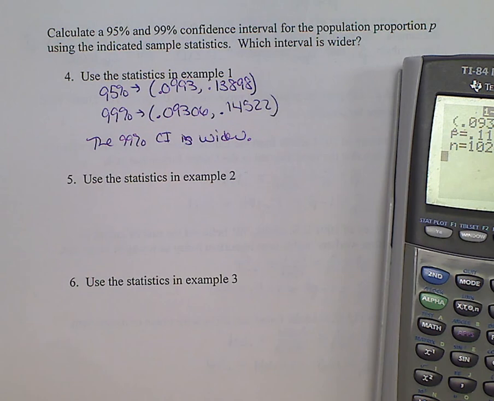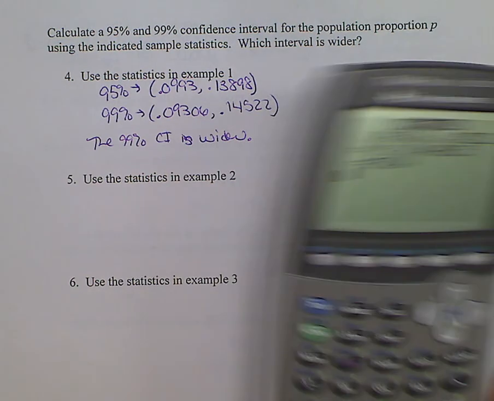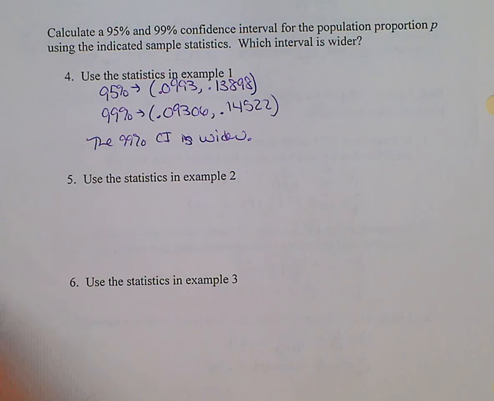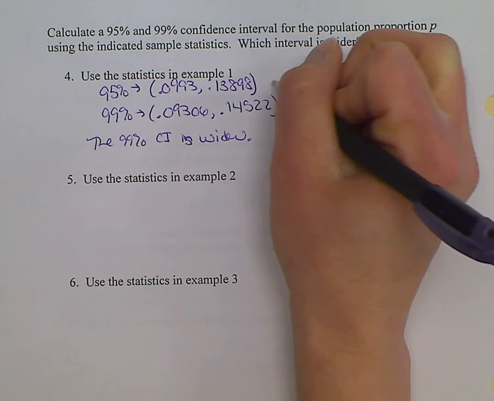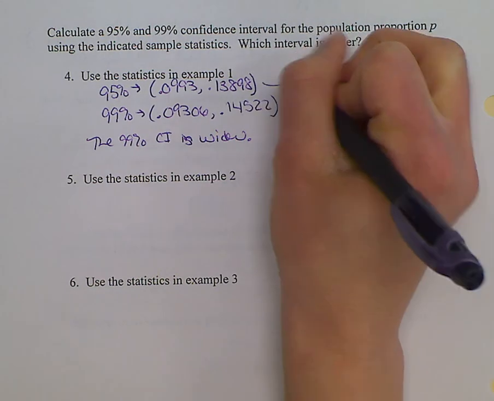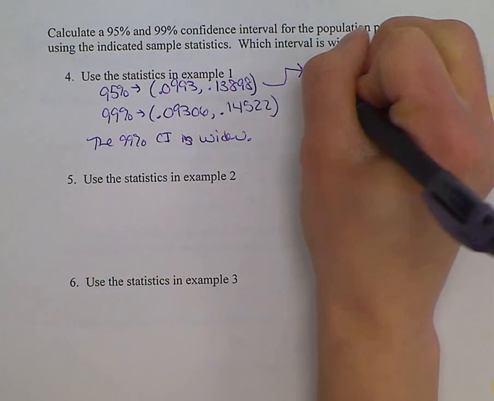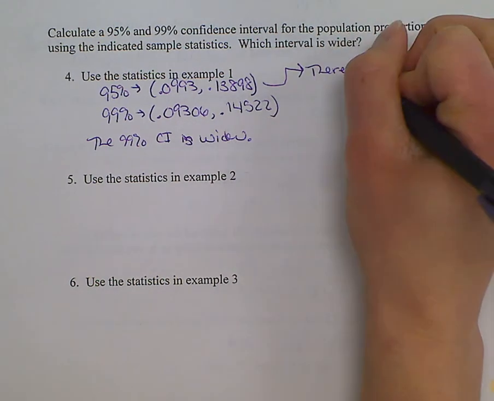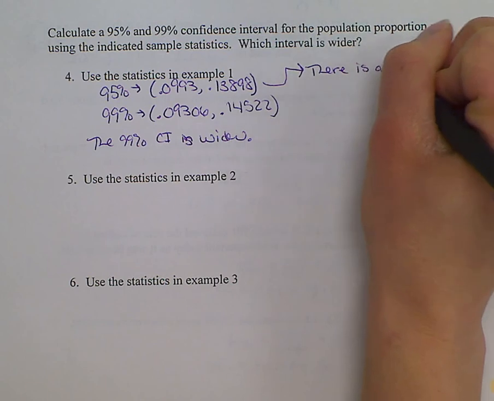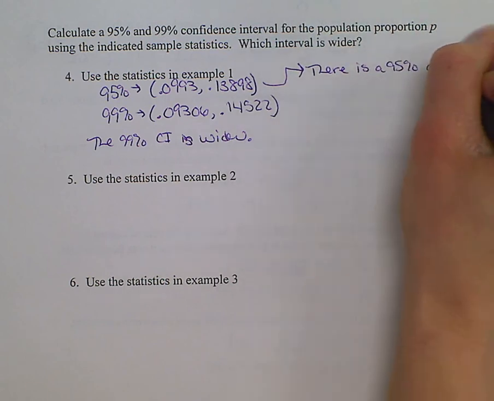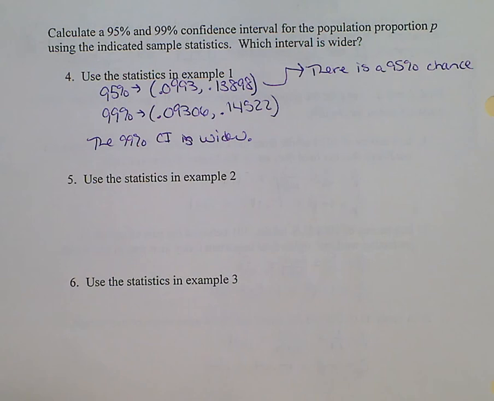Okay, now if we wanted to write out one of these as a statement, because again, you will in the test, the questions don't ask you to, but let's take this 95% one, and I'm just choosing it at random. We would start the same. There is a 95% chance, and then there are a couple of ways of wording the population proportion.